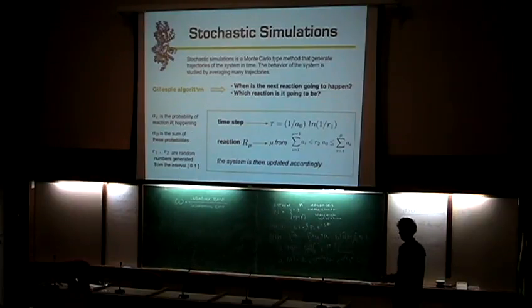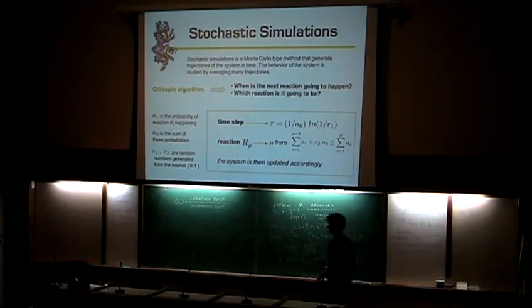Then you add that time step to your time and update the system according to the reaction you picked. If you keep doing this, you're just going to generate a trajectory in time of the system. And you can run that for a long time, or run it many times, then average everything, and you get an average behavior of your system. Okay, so that's how you run the simulations.